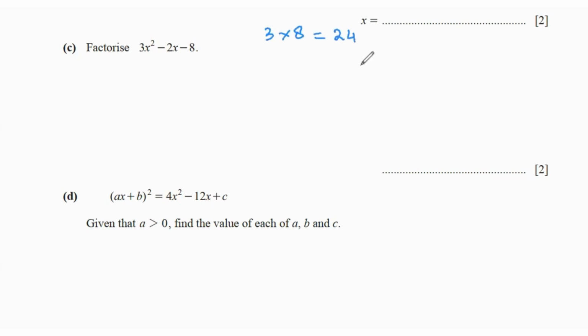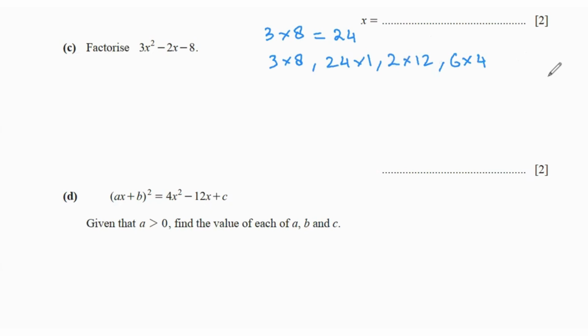Now what we need to do is find factors of 24. We already have 3 and 8. Then we have 24 and 1. Then we have 2 and 12. 6 and 4. And that's about it.